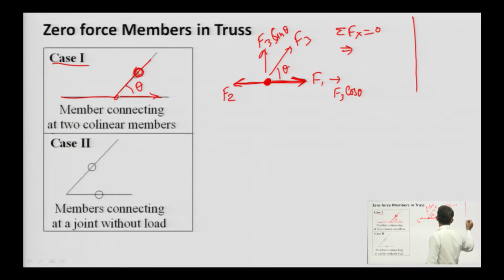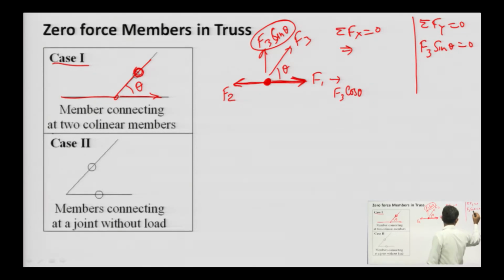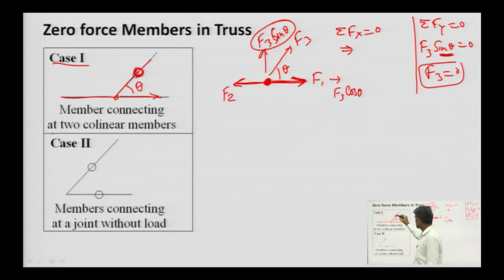So, let us apply first sigma Fy equals to 0, then the value of F3 sin theta is equal to 0, okay. Since theta is not 0, sin theta will not be 0, that's why F3 is 0. It means the force in this member will be 0, right.